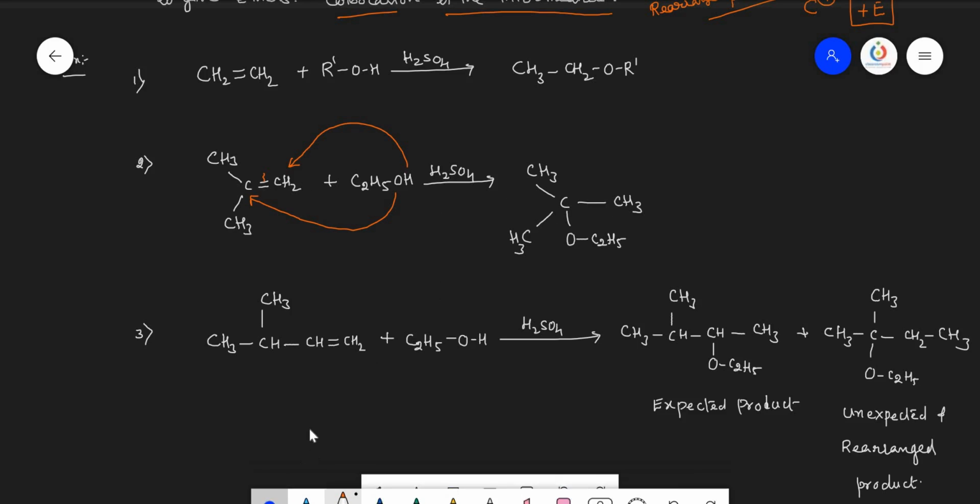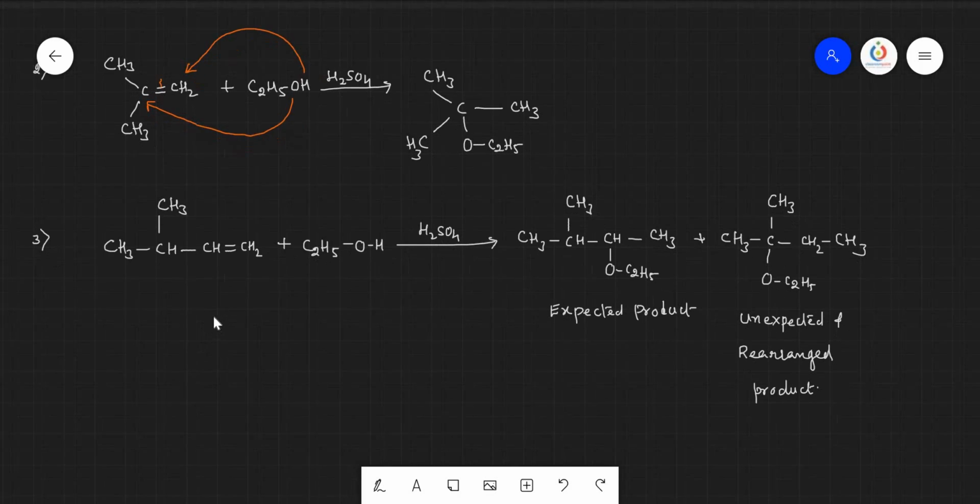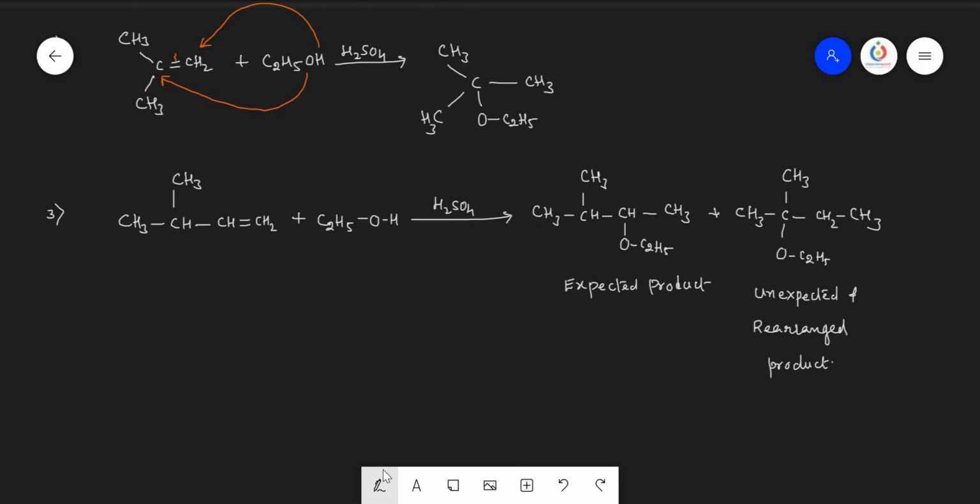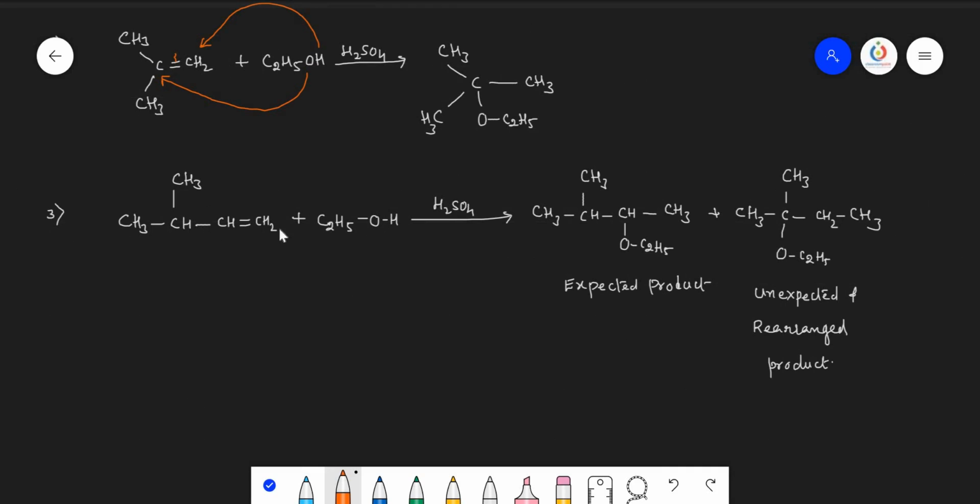And in this particular case, the last one, just to see: when this particular alkene molecule is subjected to the alcohol in the presence of H2SO4, this was the expected product, thinking that hydrogen shall be added over here and oxygen shall be added over here. But this is an unexpected and rearranged product that I mentioned. So I'll show you how the rearranged product is going to be formed.